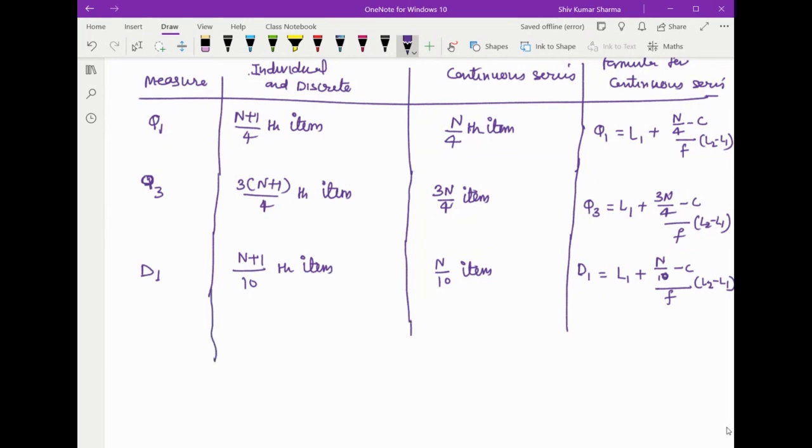Similarly, for decile 2, that means taking D2, D2 is (2n plus 1) upon 10.